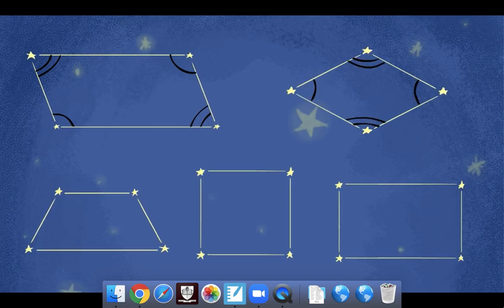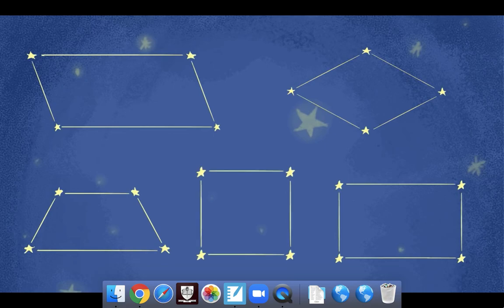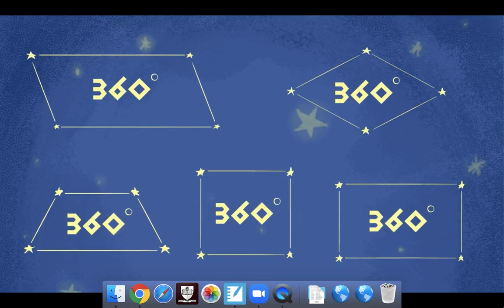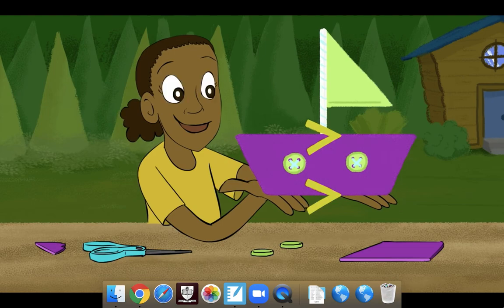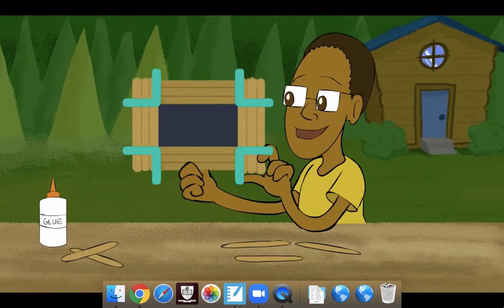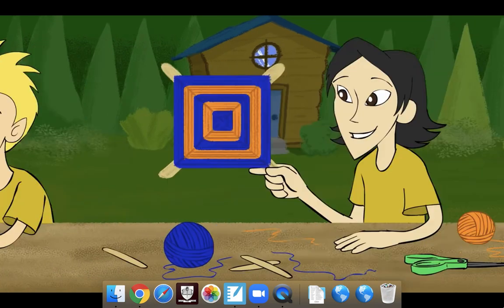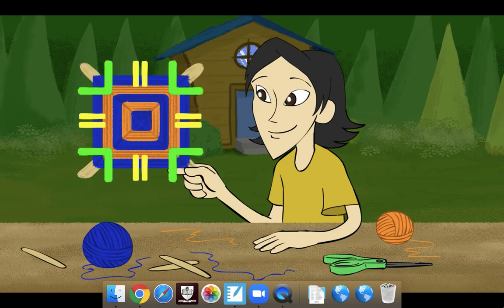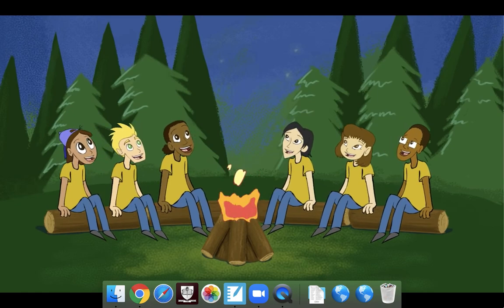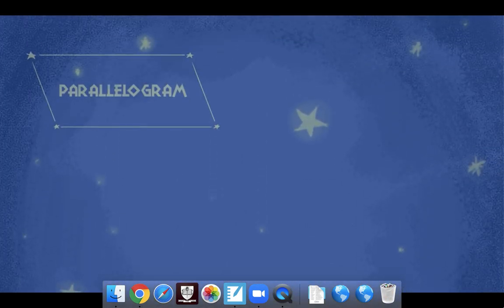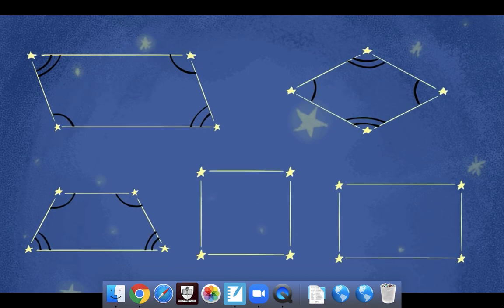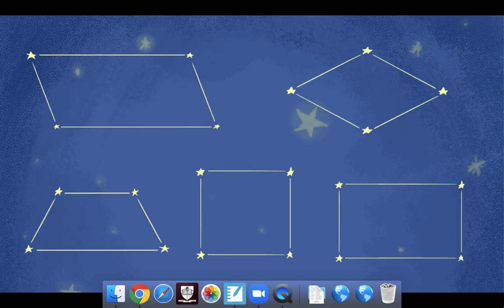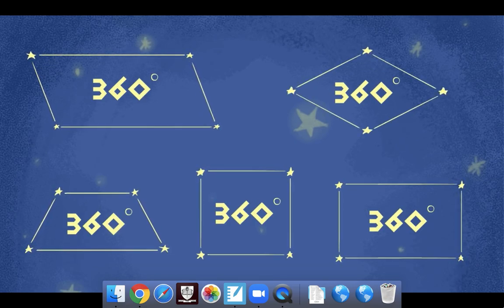And if you add the angles inside each of these, there will be 360 degrees.